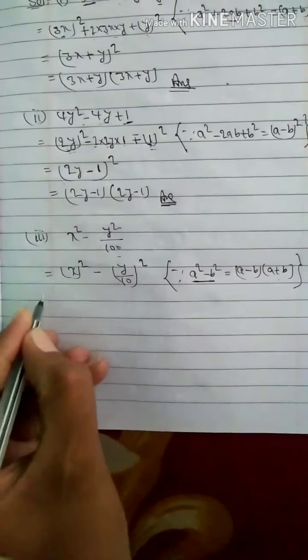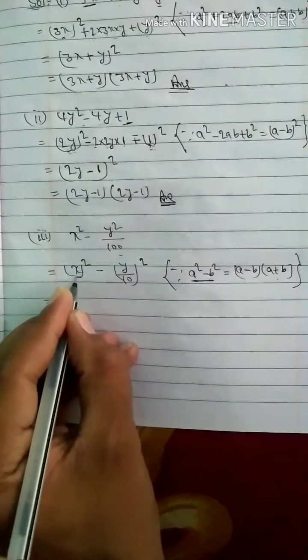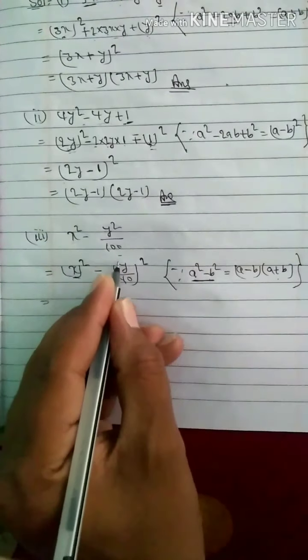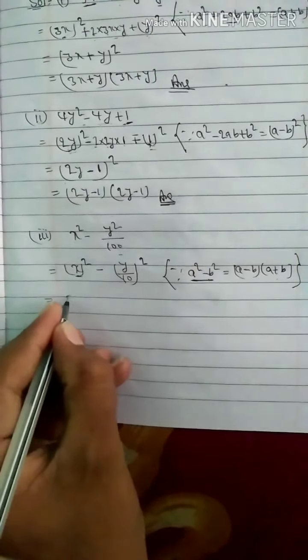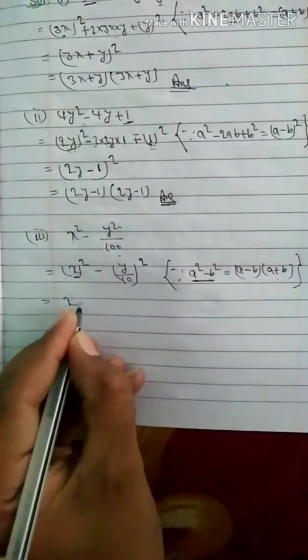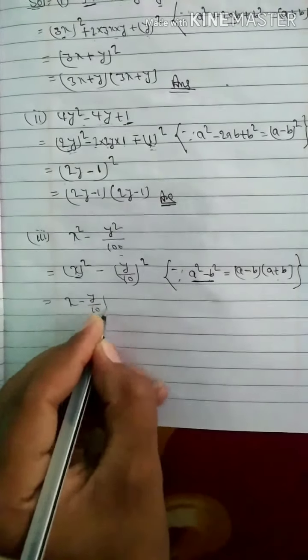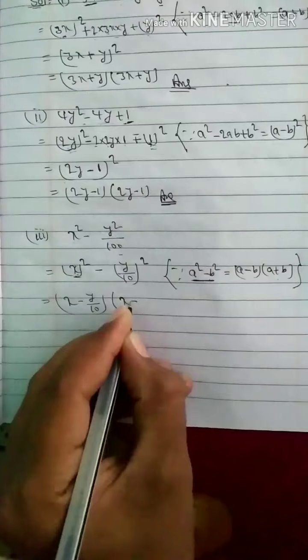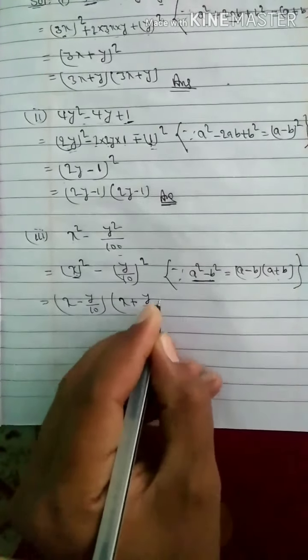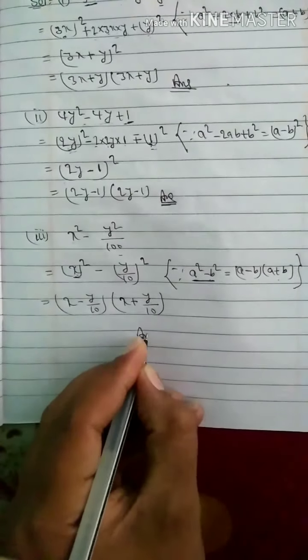Now factorize it. Here a equal to x and b equal to y upon 10. a minus b means x minus y upon 10, in the second bracket x plus y upon 10. And now this is your answer.